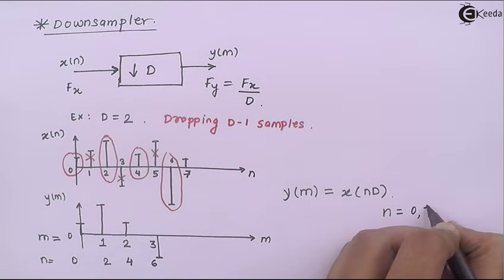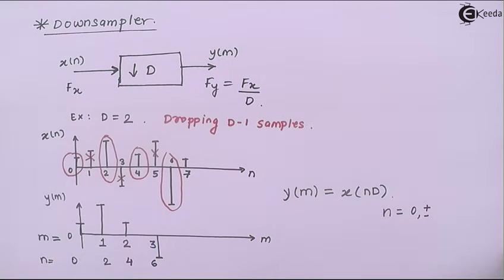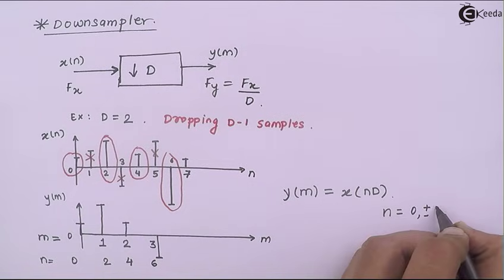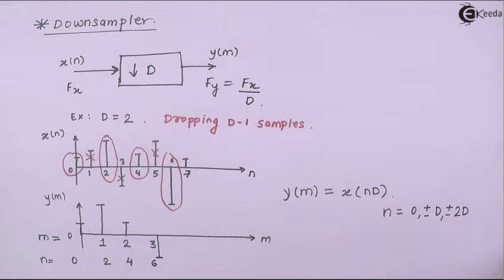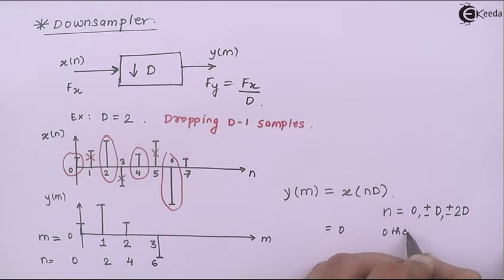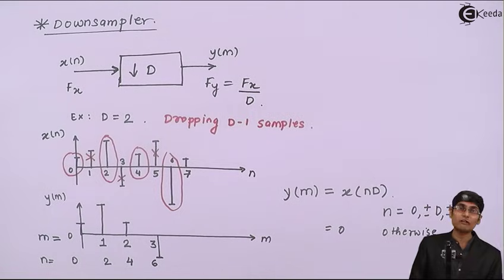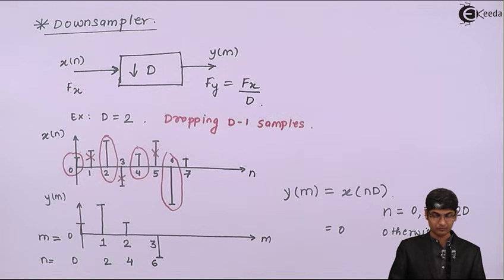Then I can have a signal which is going in the negative axis also. So I can have plus minus d, which is 1d, then plus minus 2d, and so on and so forth. Correct? And it will be 0 otherwise. So any other value of n will return y of m to be equal to 0.